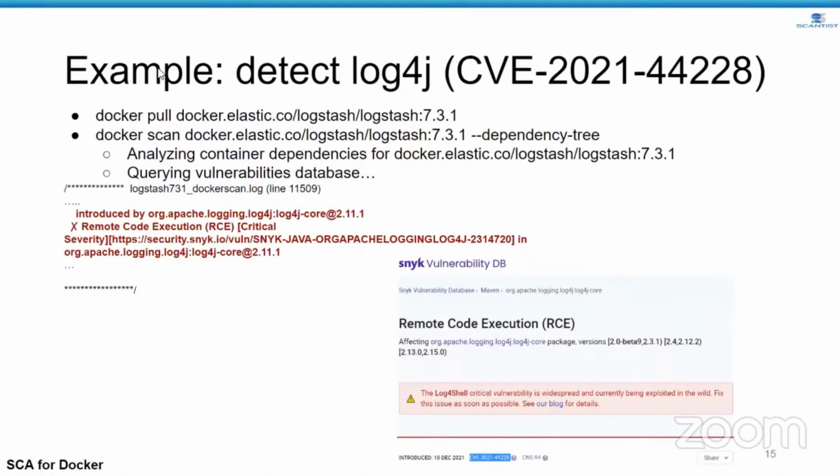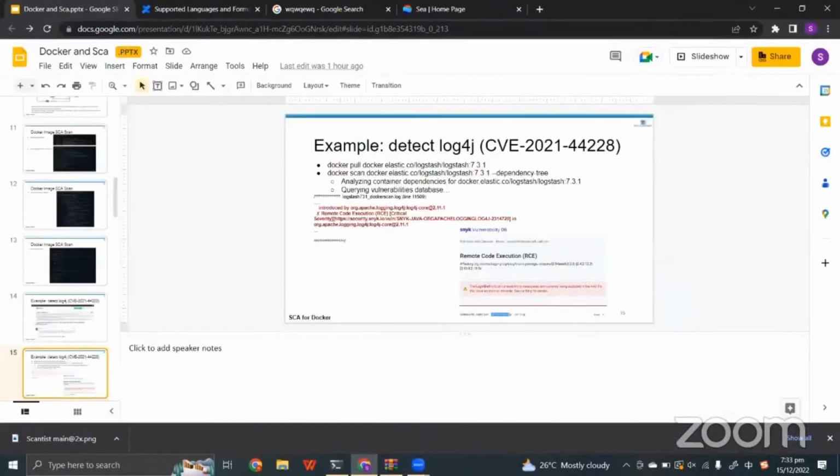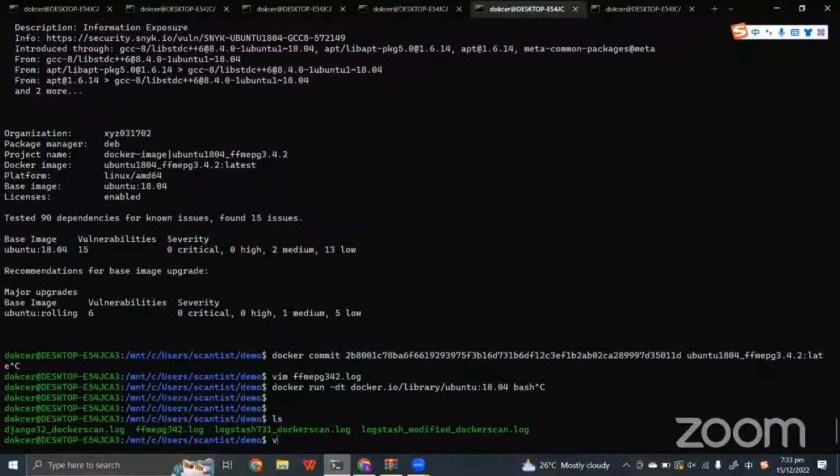Just docker pull this image, right? And we just specify docker scan with the image name, and specify the dependency. We're actually doing two steps. The first step is analyzing your container and tracking the dependencies, the BOM. And the second step is querying the external vulnerability database.